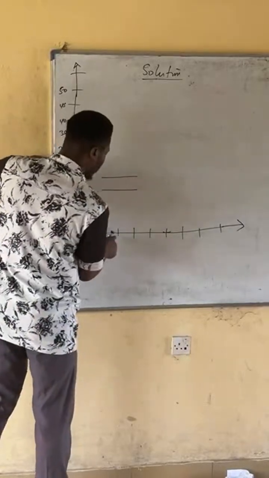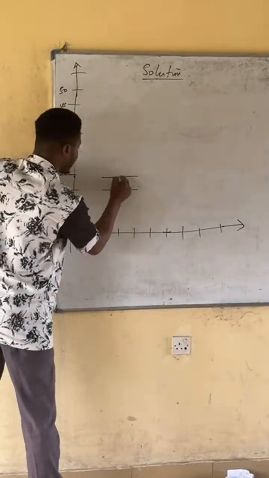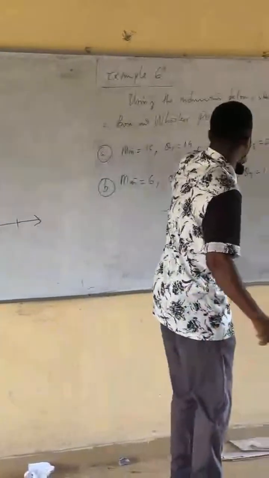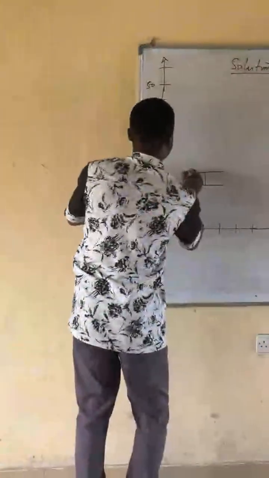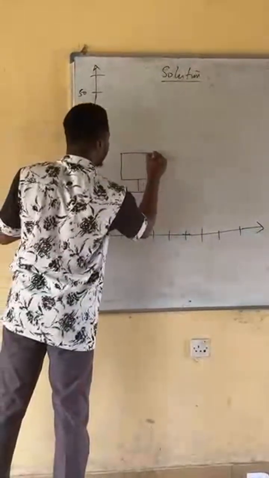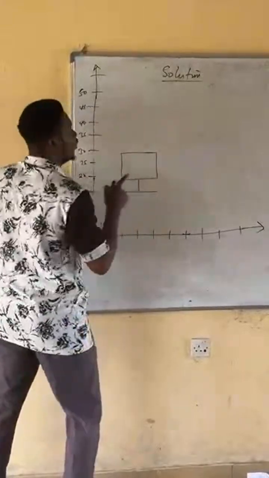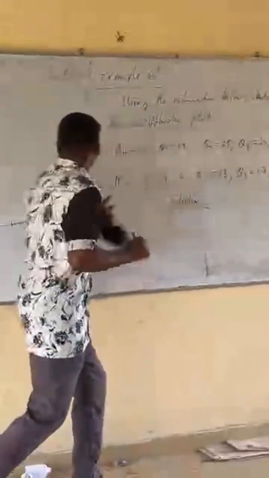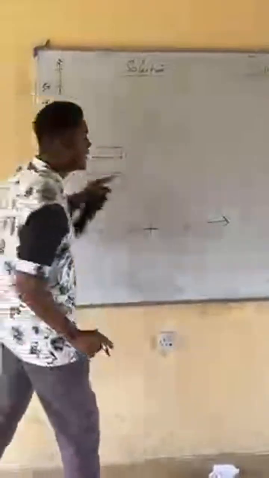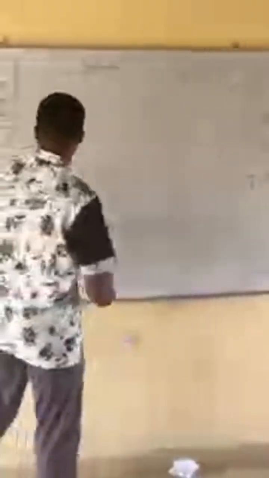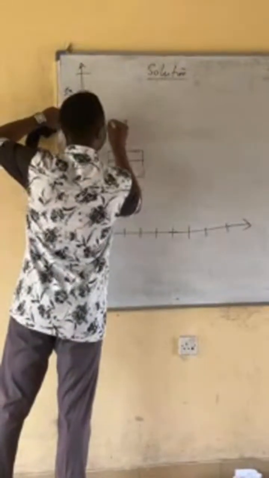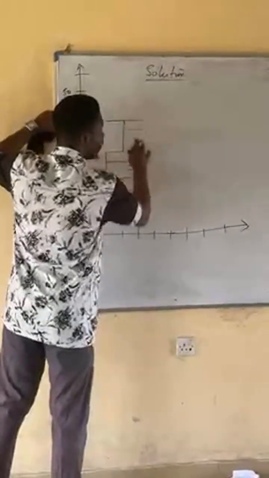Then in the middle of this and this, I will drag this up. This is my first whisker. Then Q3 is 29. I will drag this up to 29. This is where 29 should be, right? Put it down. Where is my 25? I will put my median there. Then, where is my maximum? 40. I will drag my whisker to 40 and put this. You see what I've done?